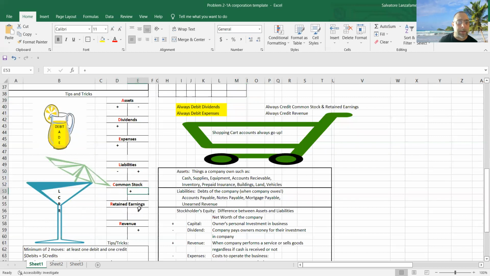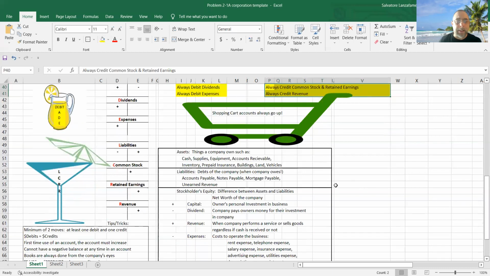The common stock, the retained earnings, and the revenue just go up. They are what I like to call my shopping cart accounts. So the dividends, the expenses, the common stock, retained earnings, and the revenue are my shopping cart accounts, and every time you use them, they always go up. That's why over here I have always credit common stock, credit retained earnings, and always credit revenue.